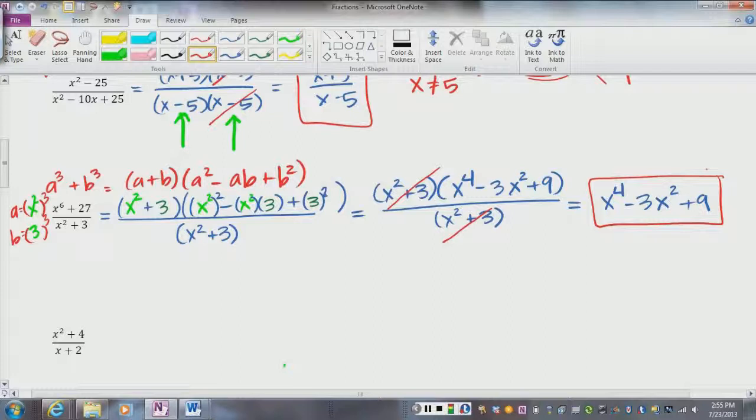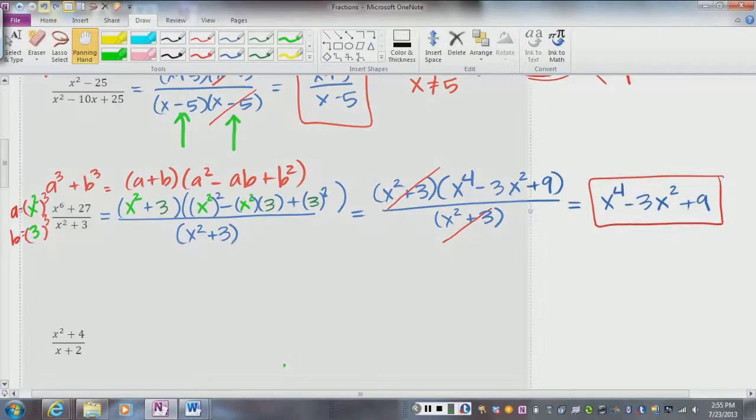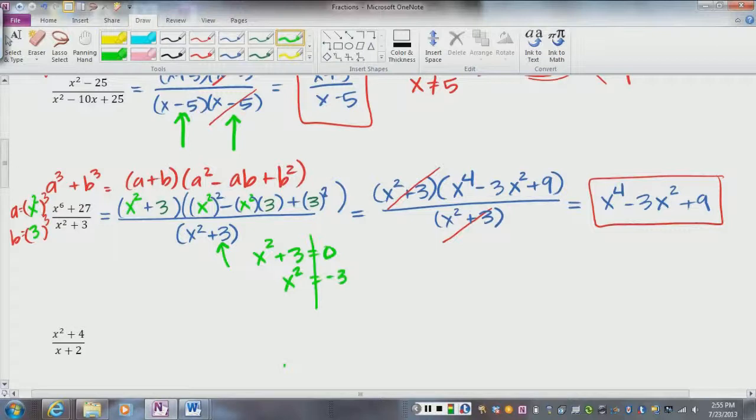In this case, the restrictions that we have for x, the restrictions that we have for our denominator here, x squared plus 3 equals 0, x squared equals negative 3.